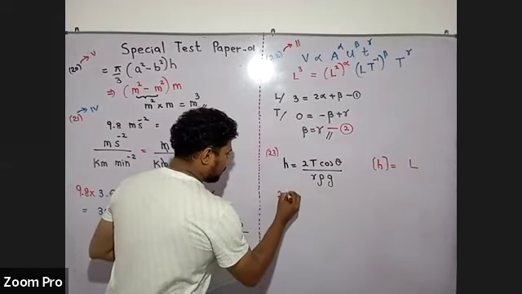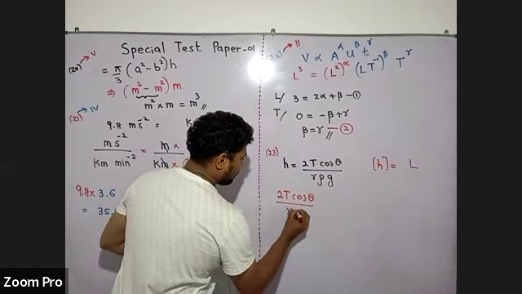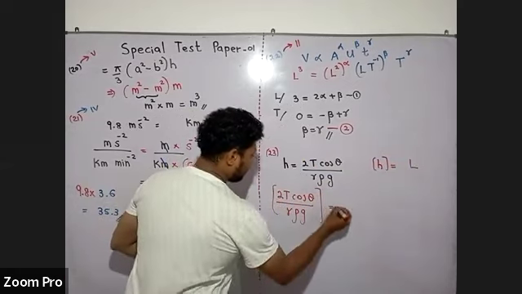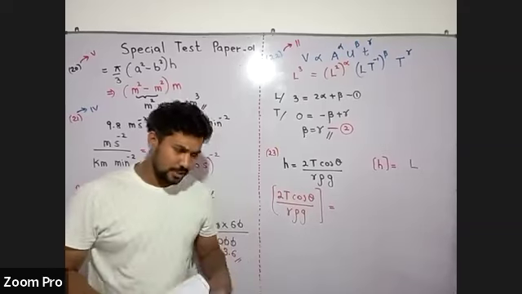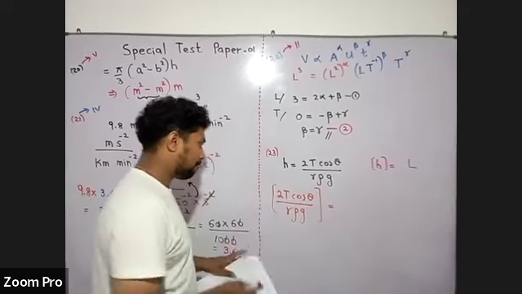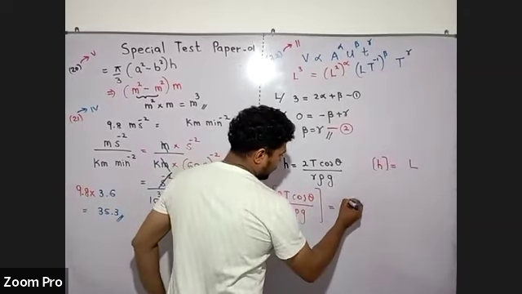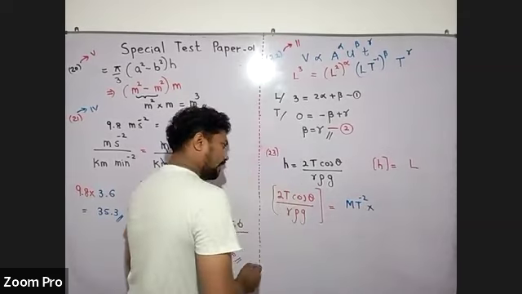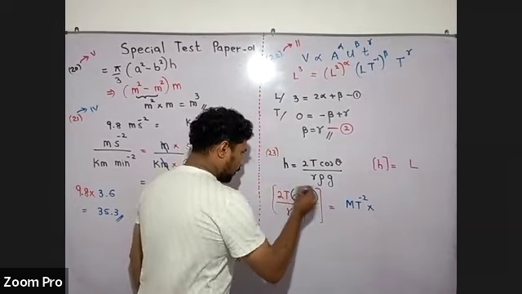Now let's obtain the dimensions of this term. When you consider dimensions, you can neglect the numerical values or the coefficients. T represents the surface tension, so this is the dimension of surface tension. And here they gave cos theta.